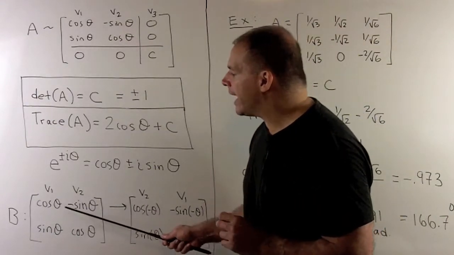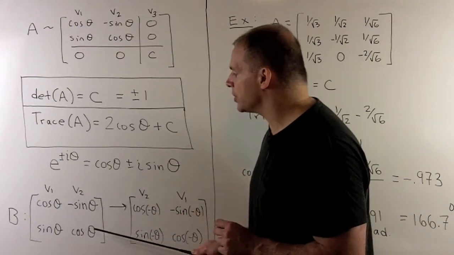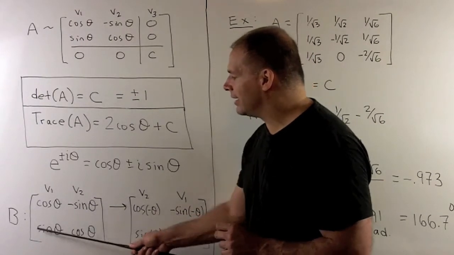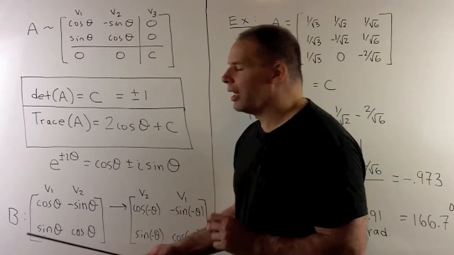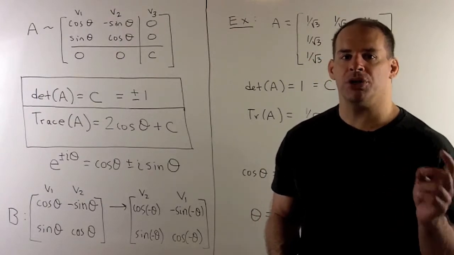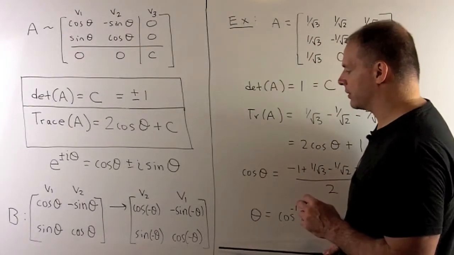If you recalculate the linear combinations that correspond to the columns, when I switch v1 and v2, it's going to move this minus sign down to here. Then we can use the evenness and oddness of cosine and sine to push the minus signs to the inside to give us a block like this.